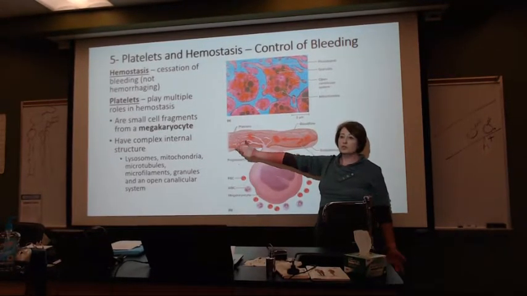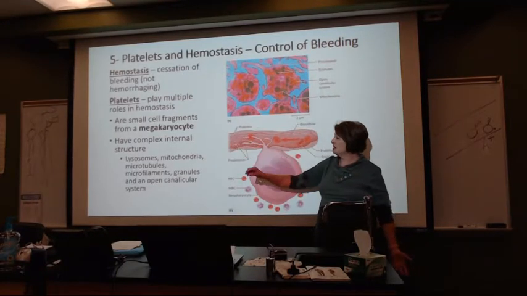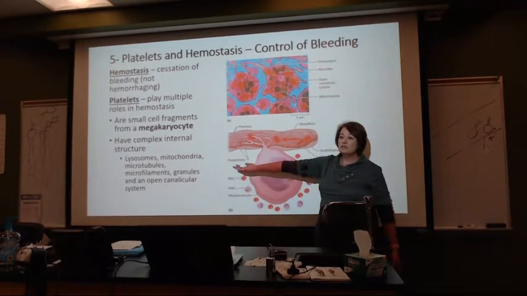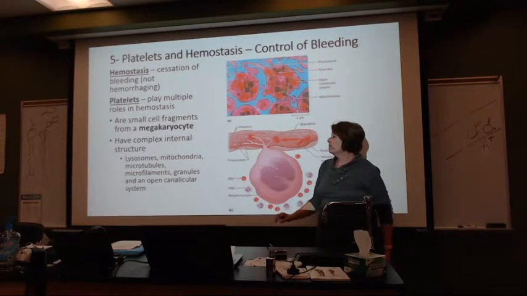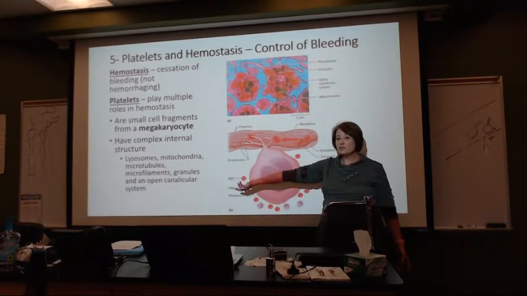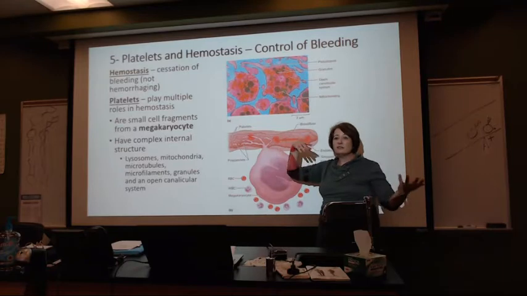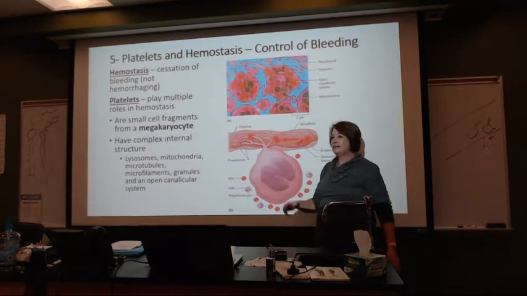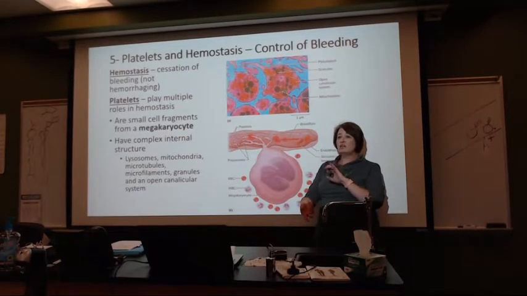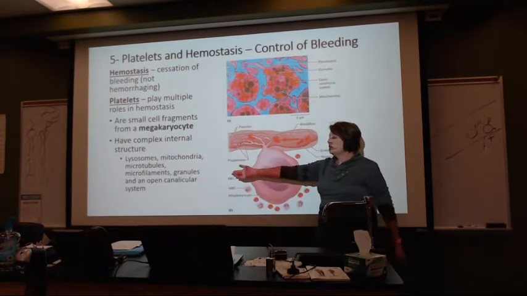Lysosomes, which we already understand, can break stuff up. Mitochondria, because they need energy. Microtubules, because we have to transport stuff in and around that cell itself. Microfilaments, being able to collapse and reform back up.